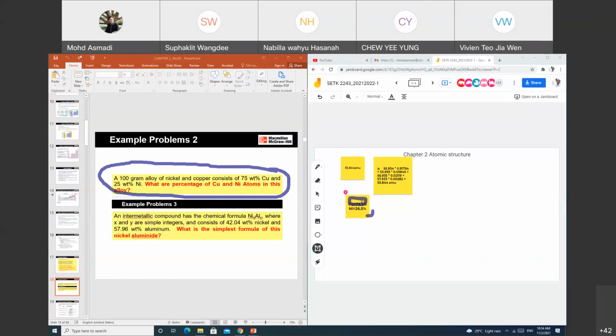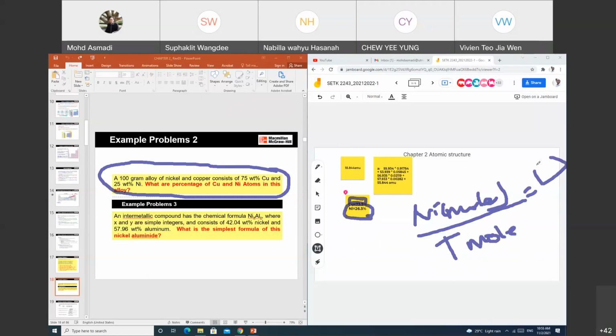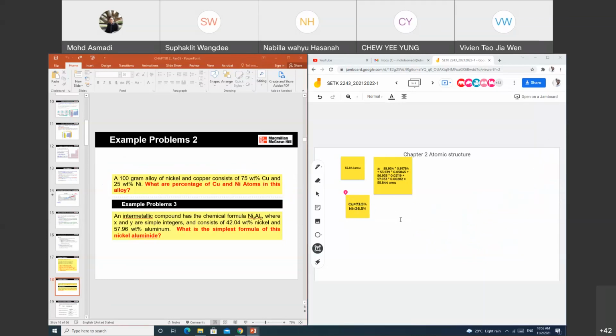And then for nickel, the number of mole of nickel over total mole. You have to convert to mole, and then you get the percentage. So your atomic percentage is in mole percent, since you already converted to mole, because from the question it was just in weight percent. Okay, so that's all.